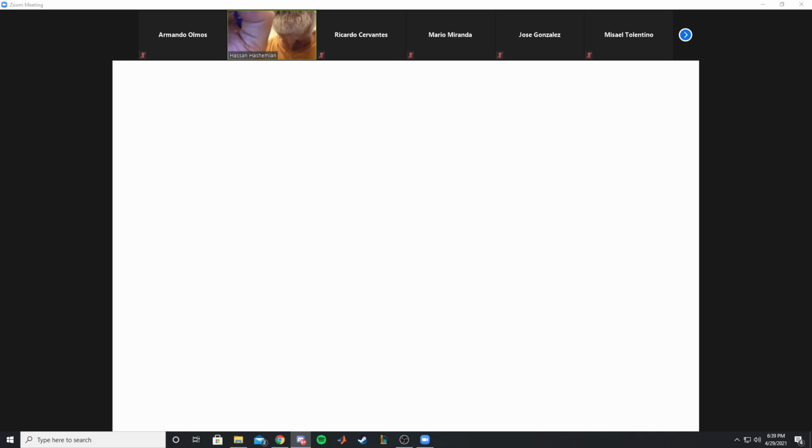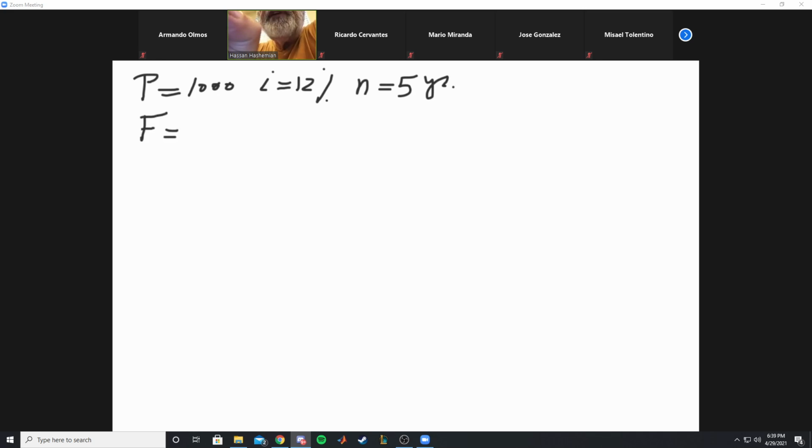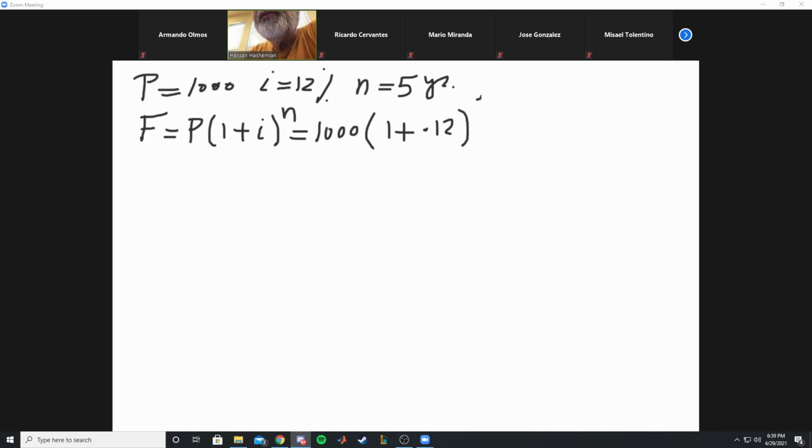Let's say the same problem that we have, P equal to 1,000, I equal to 12%, and N is equal to 5 years. Now we want to find what would be the future under compound interest. So that will be F equal to P times (1 plus I) to the power of N, as I mentioned on the last page. Your P is 1,000, and then you have 1 plus 12% per year, and you have 5 years.